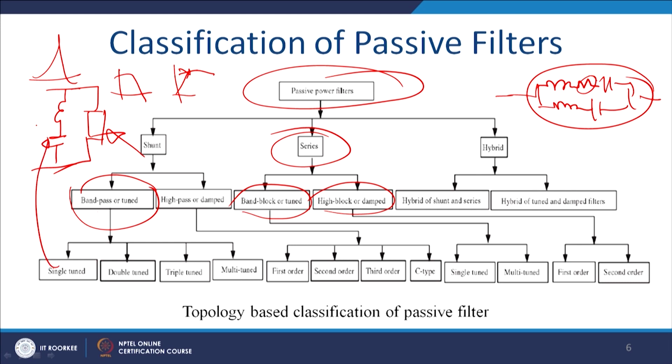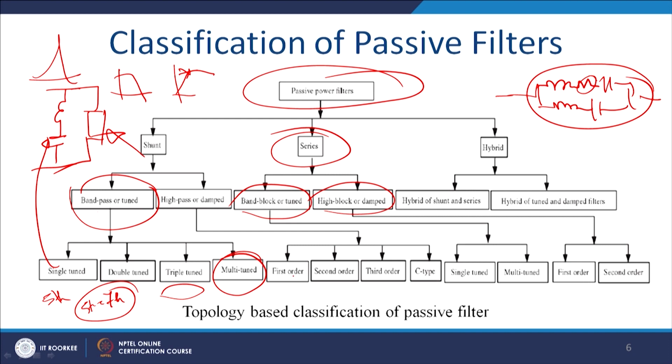I will show the pictures after a few slides. Single tuned, that is, it may eliminate only the fifth harmonic, or it may eliminate fifth and seventh harmonic, then it will be double tuned. It may be tuned to fifth, 7, 11, triple tuned, and it may be fifth, 7, 11, 13, then this is multi tuned.